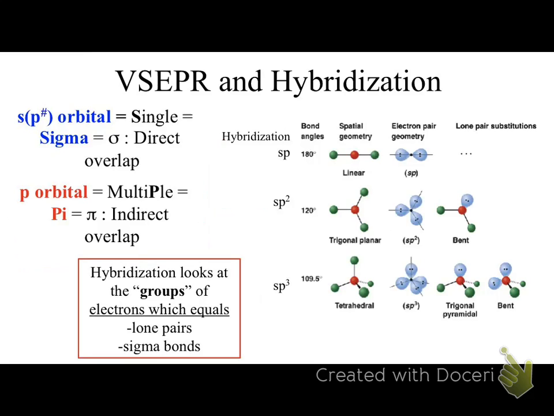Every time you see a bond, regardless of how many lines there are, one of them will be a sigma bond. That sigma bond is made up of a hybridized orbital, which is where we're getting that sp to begin with. So our sigma bonds will always involve some type of s orbital, be it an s orbital that's been hybridized with some p orbitals, or just a straight s orbital in the case of, say, hydrogen.